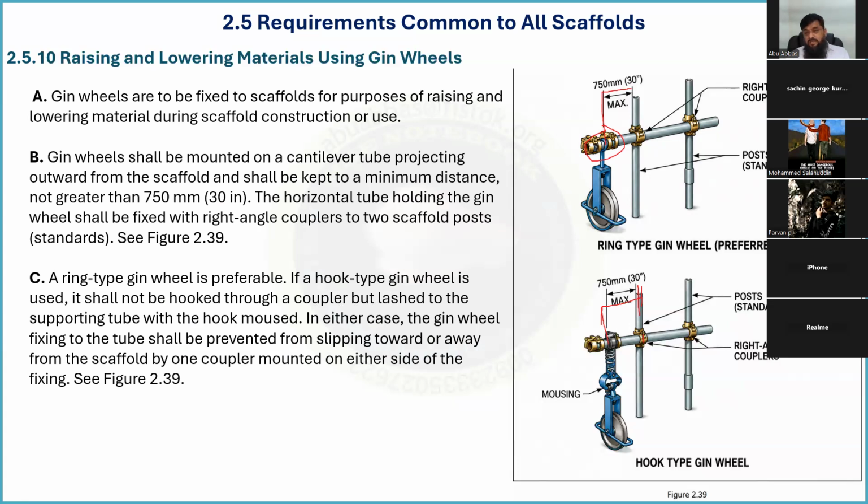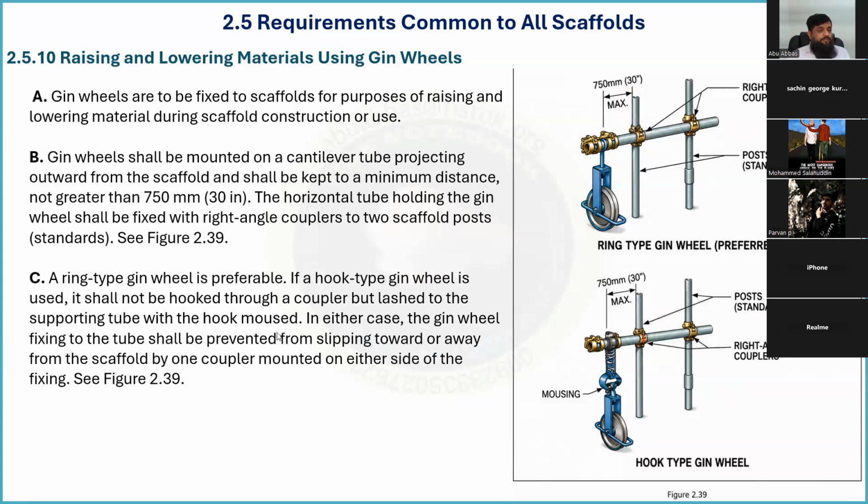Most common observation of scaffold gin wheel is this one, that people normally put a coupler, double or single coupler, and then they hook it with that coupler. No, that's not allowed. If it is not ring type, it's a hook, we will not put a coupler.